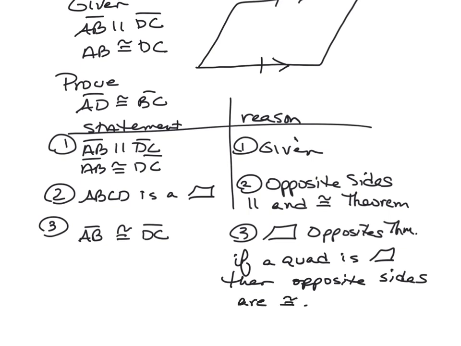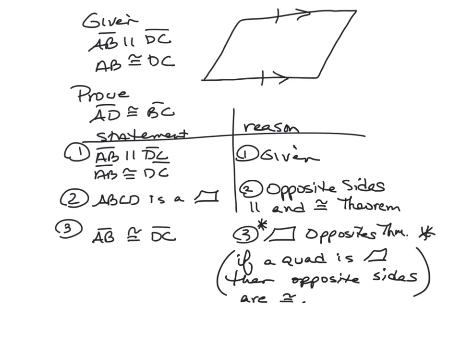And again, you don't need to state both. You could either just state the name, or if you forget the name, restate the theorem. And that's how short and sweet these proofs are. If you know your properties and you can work with them, make sure it flows, the proofs aren't bad at all.